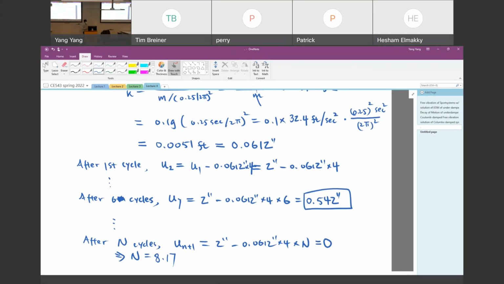So that means after 9 cycles, the vibration stops.